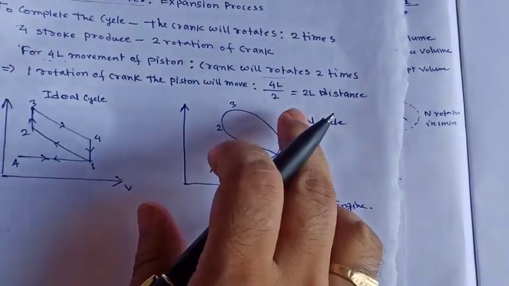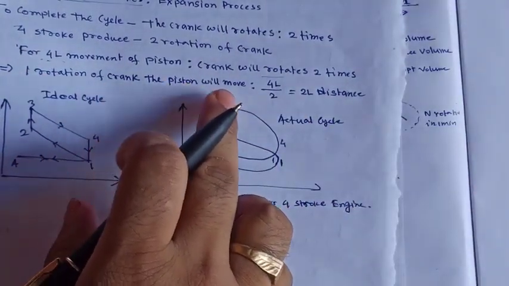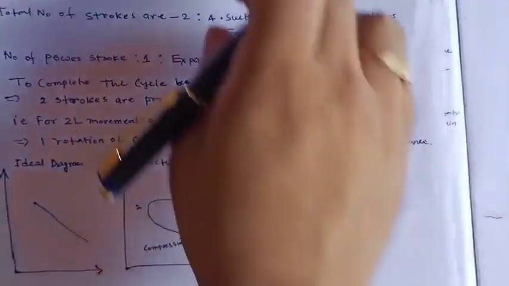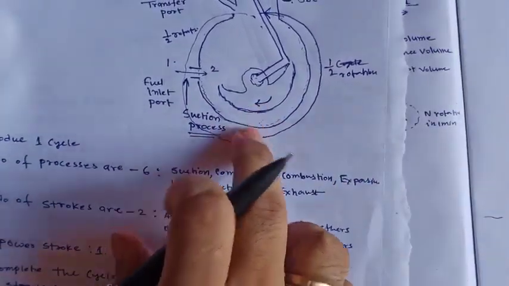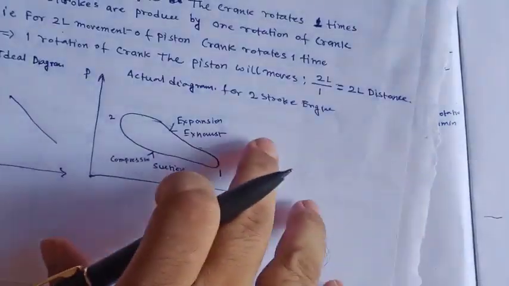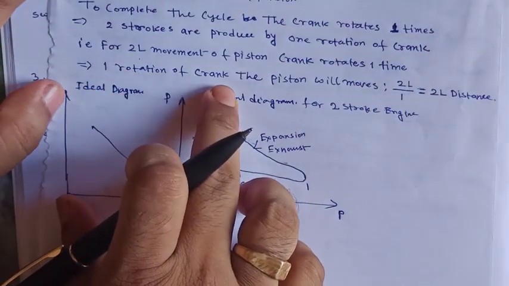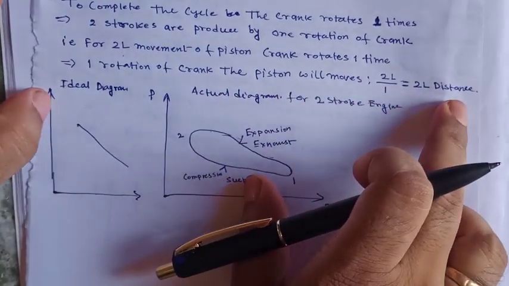I have written in the previous class that for a 4-stroke engine, one rotation of crank, the piston will move 2L distance. Similarly for a 2-stroke engine, one rotation of crank, the piston moves 2L distance.